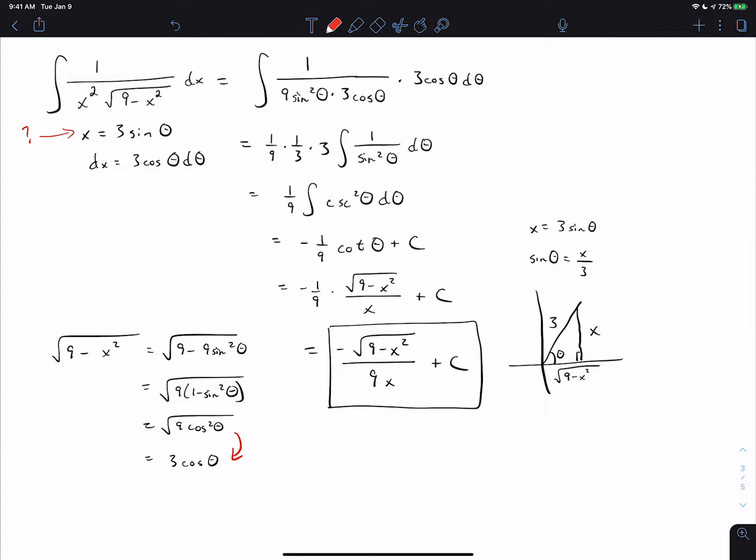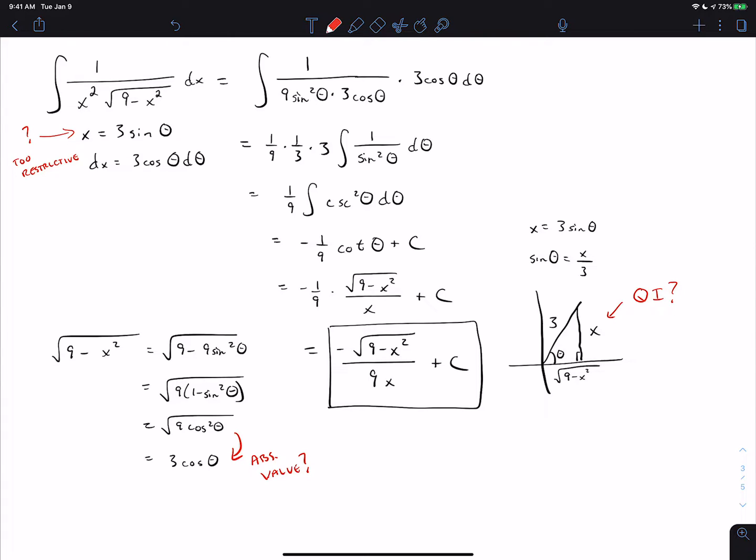We talked in the intro video on trig sub about how that really should be the absolute value. So should this be an absolute value, or why is it okay to do that? And then here, is this too restrictive on x? And then another thing is, why down here is this quadrant 1? How do we know that theta is in quadrant 1?